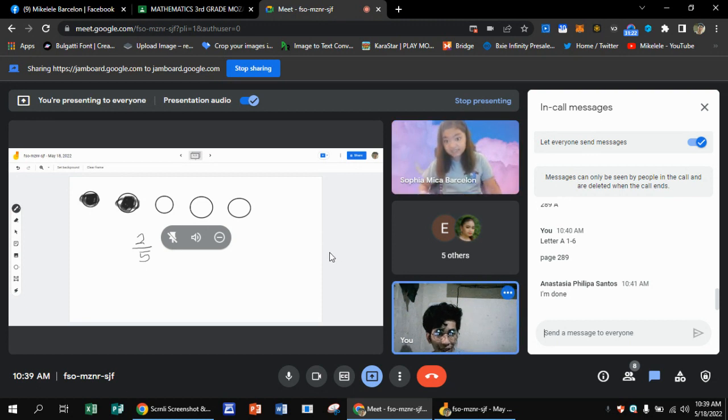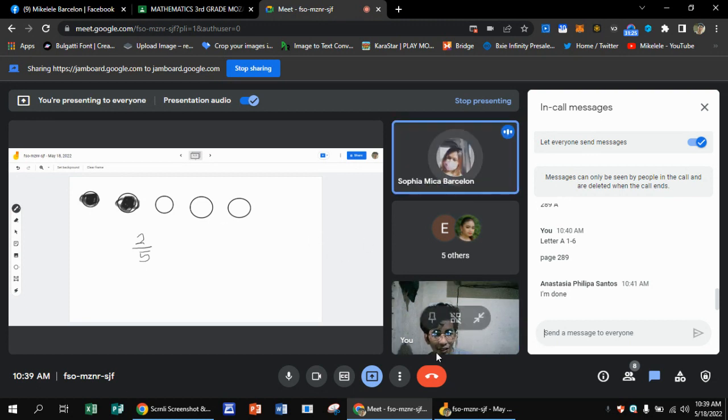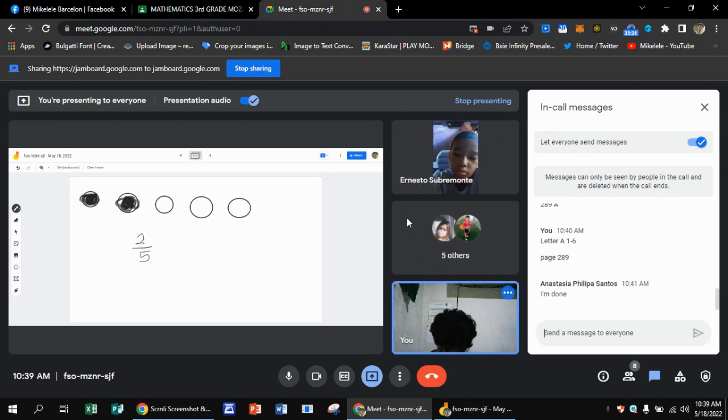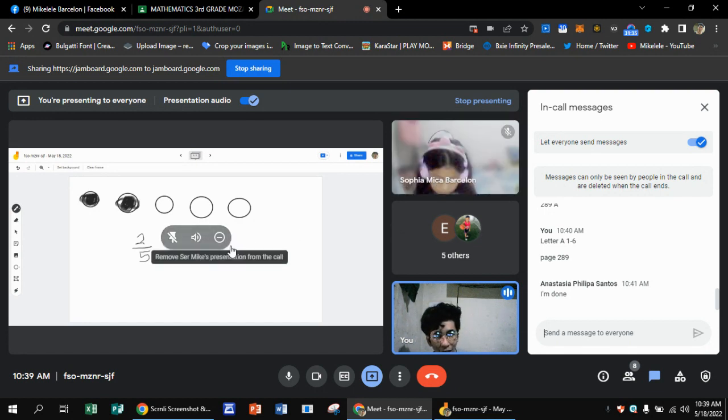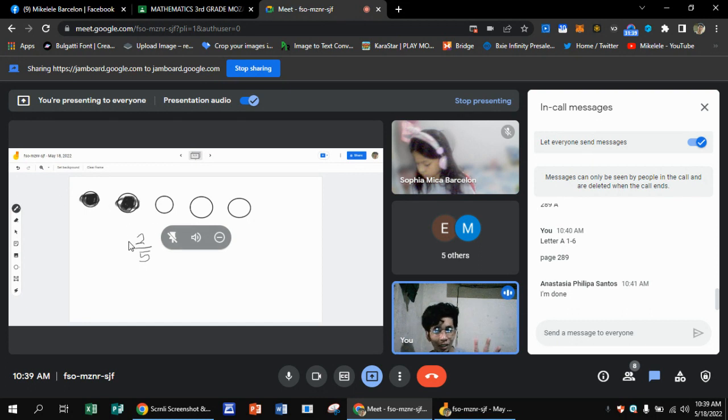Yes, like that. So, 1 to 6 yung sasagutan, Ella, then 289 to 290 yon. Yung shaded part lang ang ating sasagutan, diba? Katulad nito, katulad na nasa screen natin, diba? How many shaded parts?